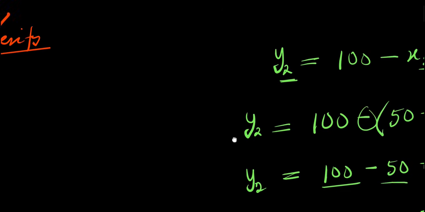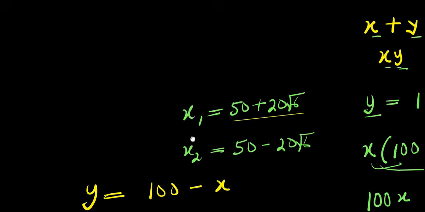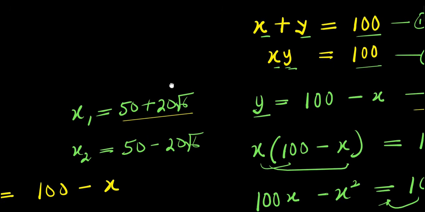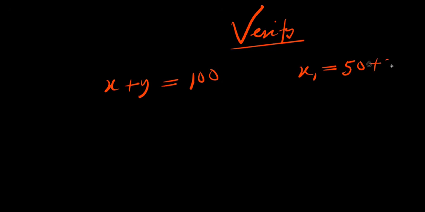If you want to verify, you consider the first equation. Our first equation here is x plus y equals 100. You can decide to use x1 and y1 or x2 and y2. So in this case, we use x1 and y1. We use x1, which is 50 plus 20 root 6, and y1, which is 50 minus 20 root 6.